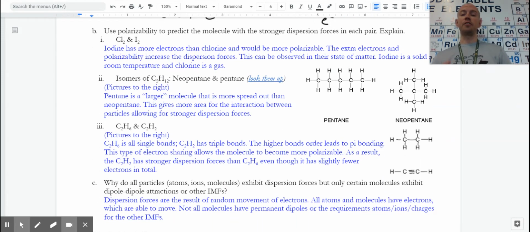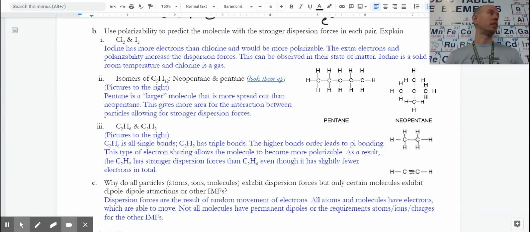As we start to look at different molecules, we can see this dispersion force and its effect. The first comparison is a chlorine molecule to an iodine molecule. Both are perfectly nonpolar bonds, like the H2 in the notes, meaning that on average, the attraction is perfectly the same and the electrons are shared perfectly equally.